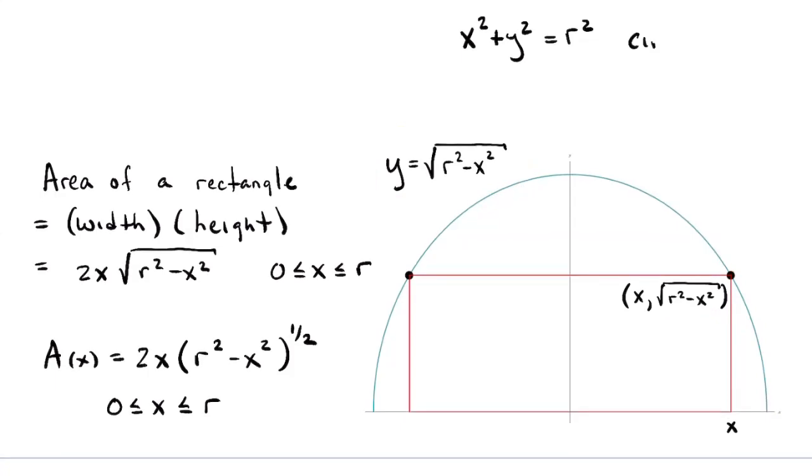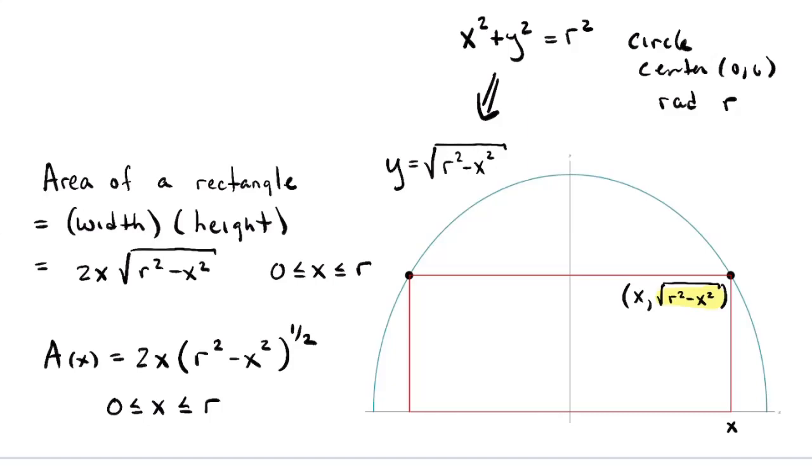So this is a circle. Its center is 0, 0. Its radius is r. And I just solved that equation for y, taking the positive square root to get this upper semicircle. So that's how I know that the y coordinate of the point whose x coordinate is x is given by the square root of r squared minus x squared.